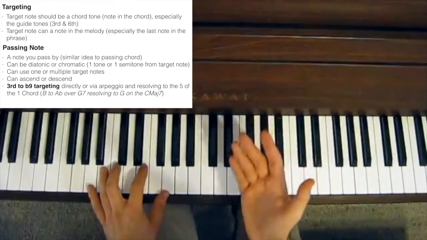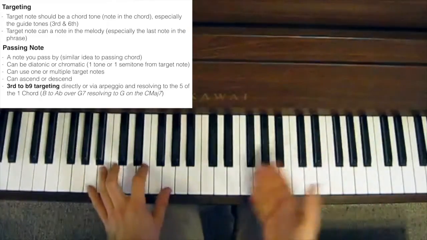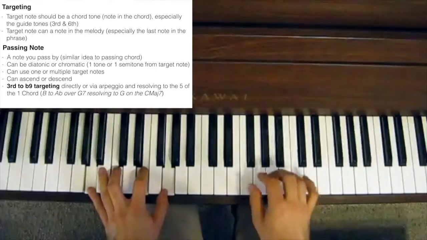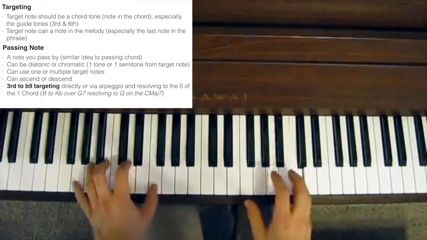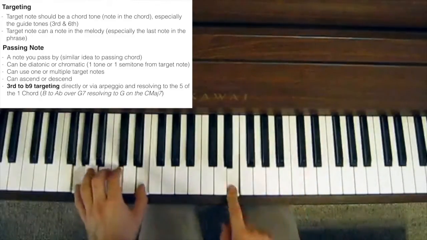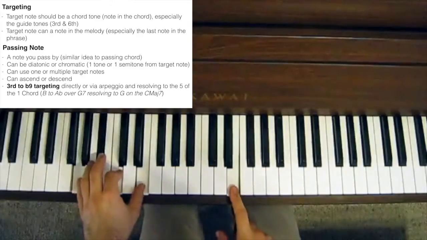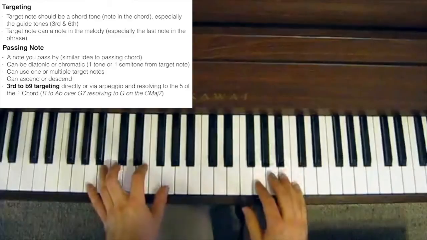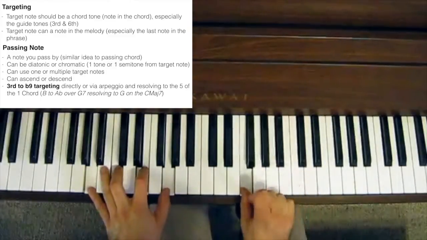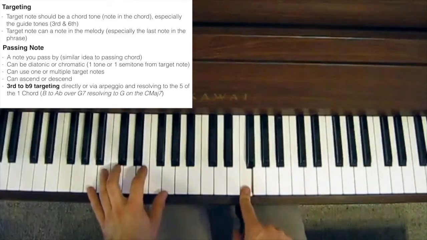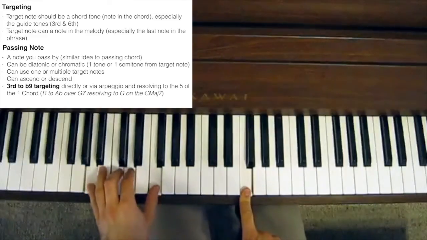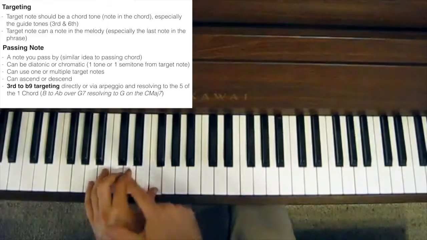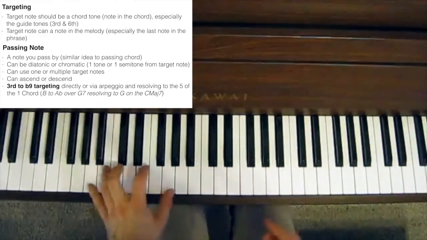So, as an example, let's take Fly Me to the Moon, where the melody goes... So you can put in passing notes, like for example, that first little phrase is targeting the F there, which is actually the 3rd of the D minor 7, which is the chord that it moves to.